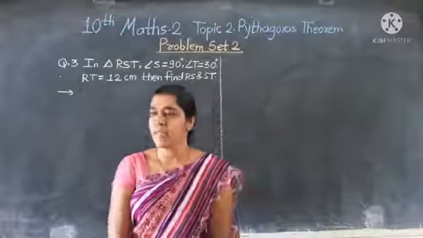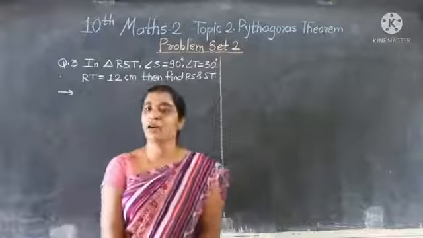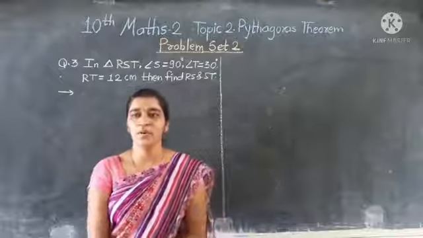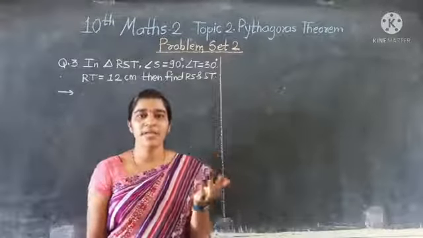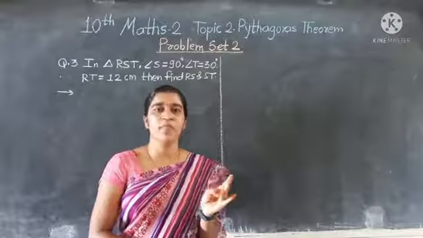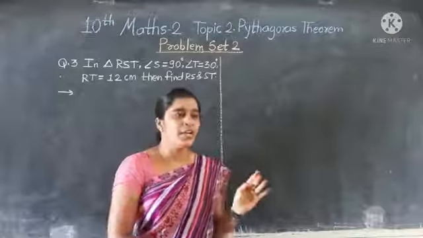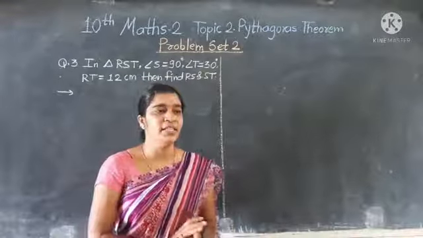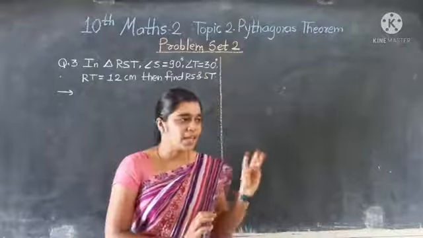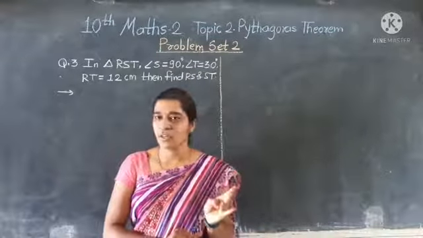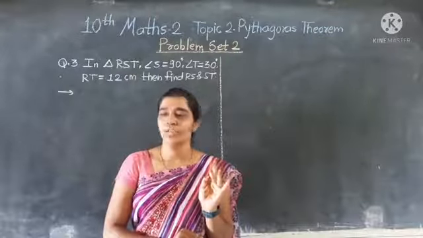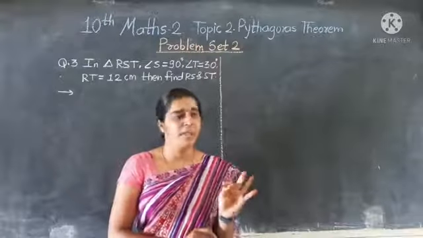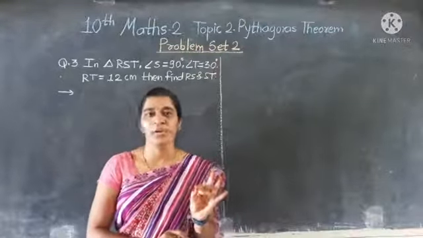Students, in 10th Math 2nd, we had started topic number 2, Pythagoras Theorem. In the last two videos, we had seen what is the Pythagoras theorem, what is the converse of Pythagoras theorem, what is a Pythagorean triplet, and also theorems based on similarity and right angled triangle, and geometric mean.